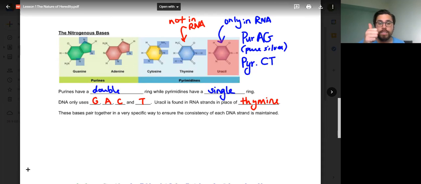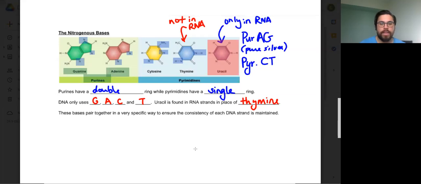So purines, as we see on the left in green, let me highlight it in green. Purines, guanine and adenine, are double ringed structures. Those of you familiar with grade 11 chemistry will know it has 2 carbon rings that make up those purines.